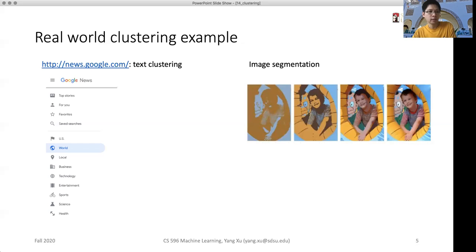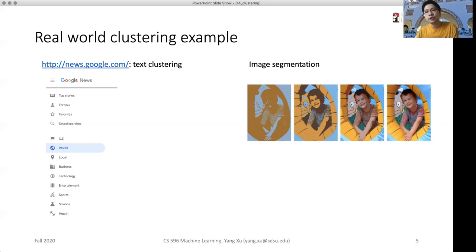But the most recent state-of-the-art object detection actually relies on well-trained convolutional neural network-based models, and the data that helps training those CNN or ConvNet-based models are manually labeled.